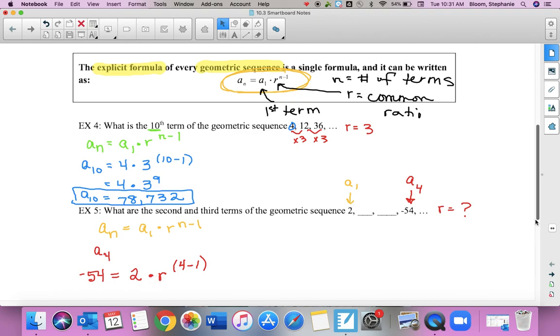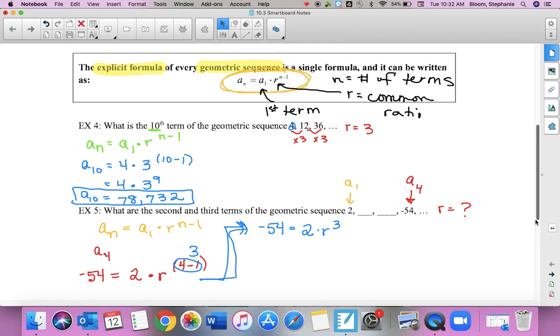So this becomes a 3. I'm going to write this over here. So negative 54 is equal to 2 times R cubed. Then I'm going to divide by 2. Let's try that again. There we go. Okay.